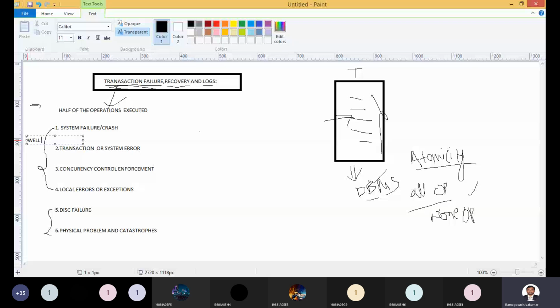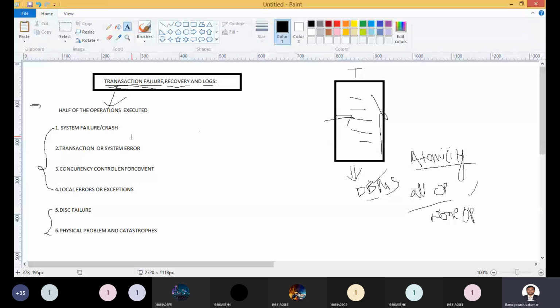So what is transaction failure? If you are able to perform only half of the operations in the transaction, that may cause a transaction failure. Here we have explained some types of transaction failures: system failure or crash, transaction or system error, concurrency control enforcement, and local errors or exceptions.